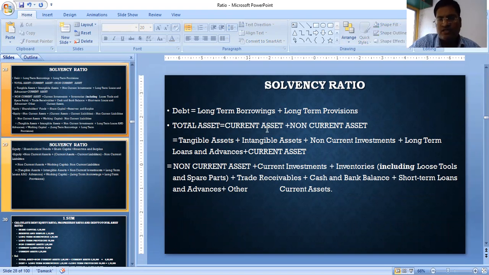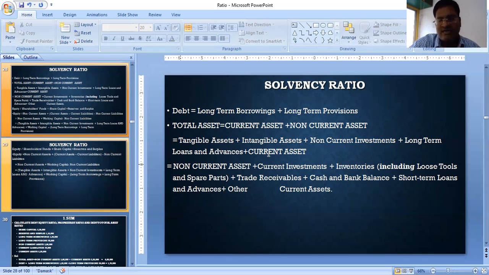Total asset means current asset plus non-current asset. Non-current assets are tangible assets, intangible assets, non-current investment, long-term loans and advances, and then the current assets, which also have many items.